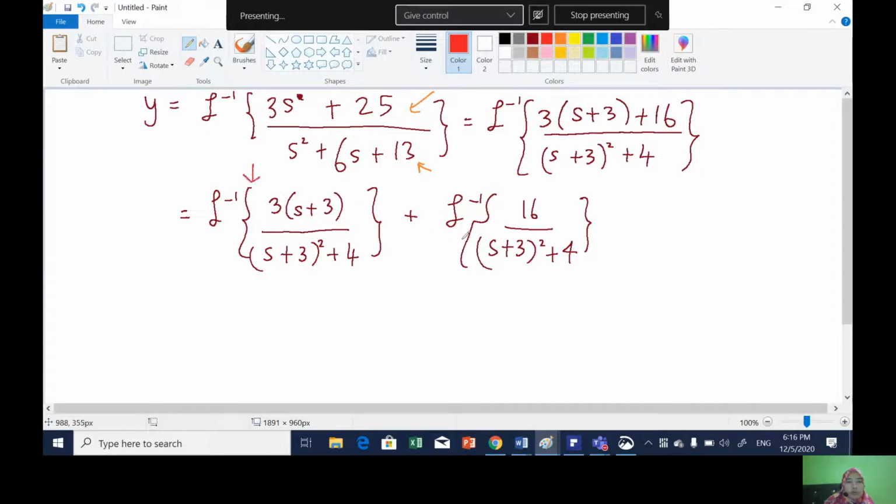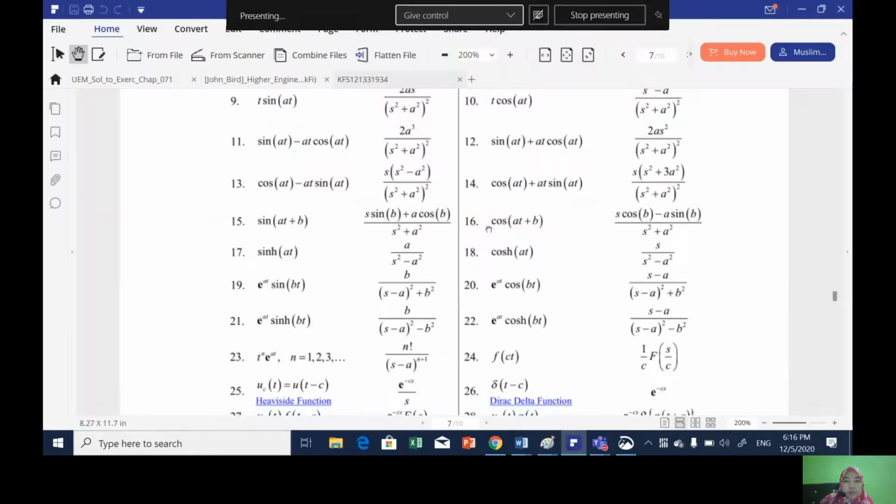Because this is similar, for this one we use number 20. But for this one, we're not going to use number 20, so we refer back to the Laplace table. In the numerator there's no s, so we are going to use number 19.